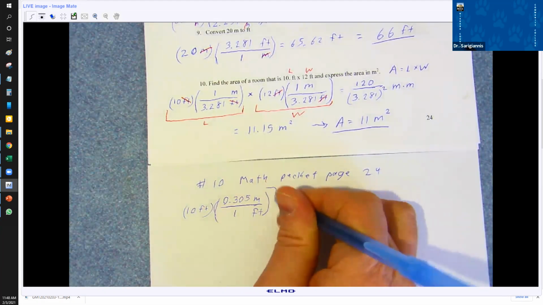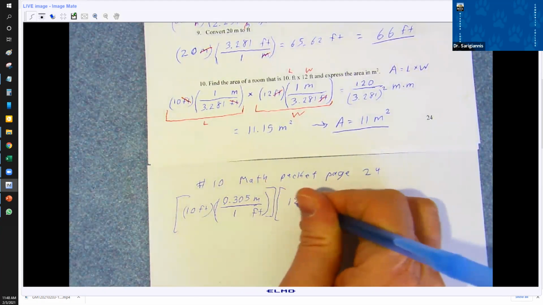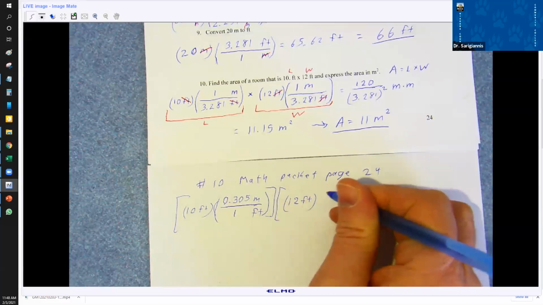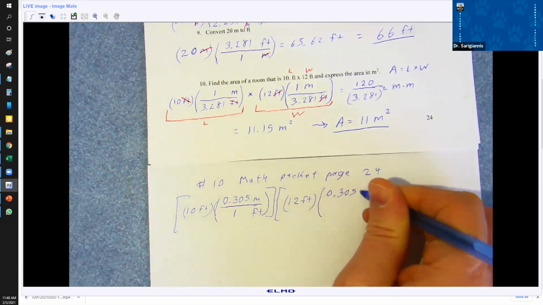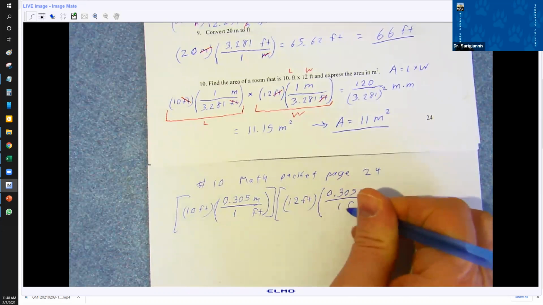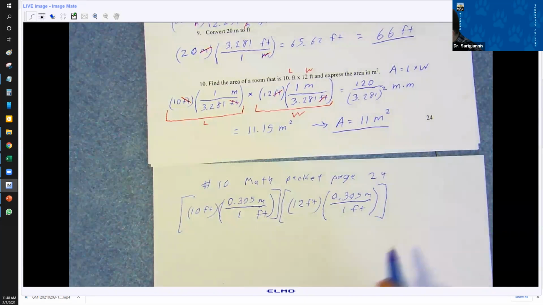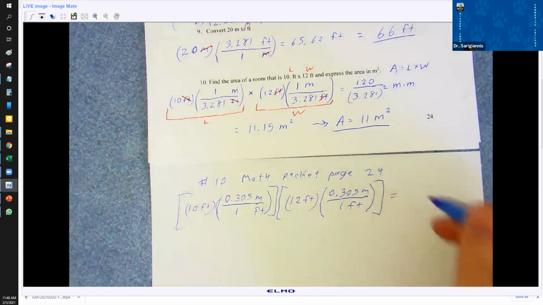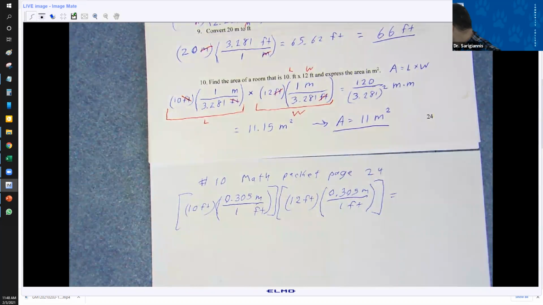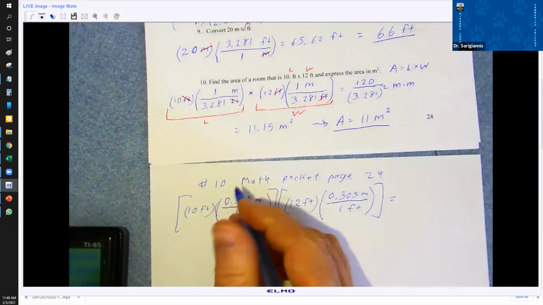Then we multiply by, I'm going to use some square brackets here, 12 feet times the same ratio, 0.305 meters over 1 foot. Let's lump this all together. I'm going to take this stepwise.